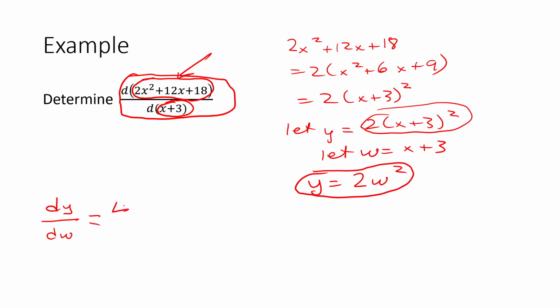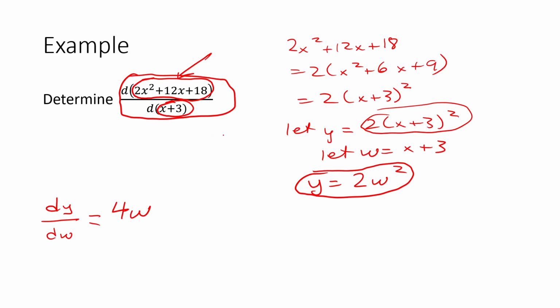It's just a simple chain rule. Or sorry, a simple power rule. I get 4w. And now I'm done. Now I go back, and as I've said before, you want to get your expression back in terms of x.